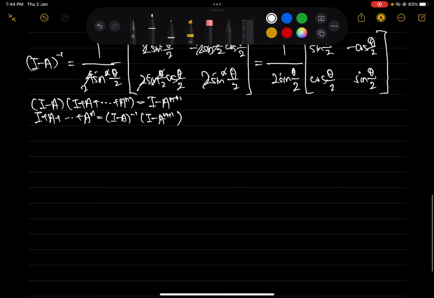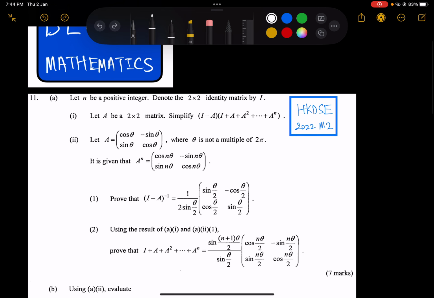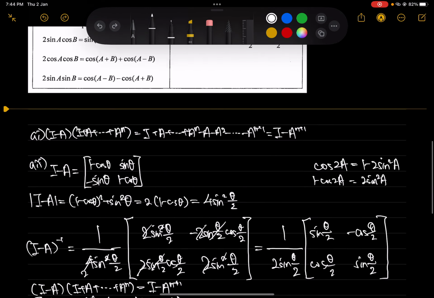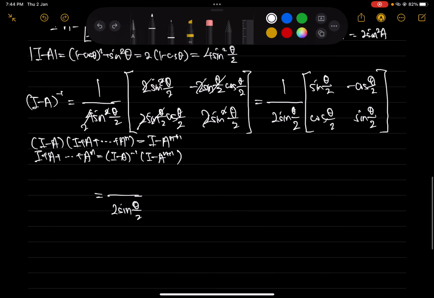So now we have, and then this one is just I minus A^(n+1), which is 1 minus A^(n+1), the terms inside the matrix, of course, which means we could use the identity here again, which means we'll have a 2 sine (n+1)theta over 2 here.